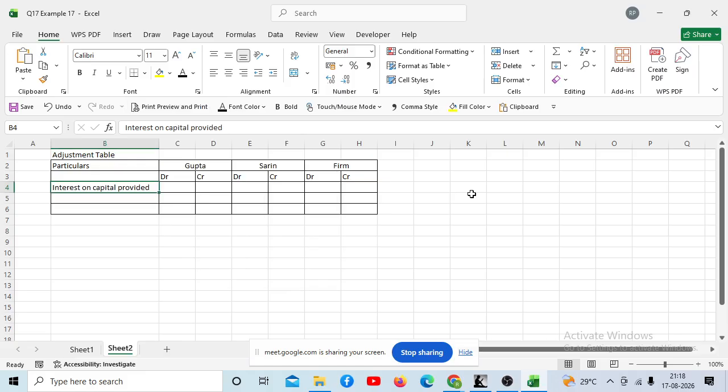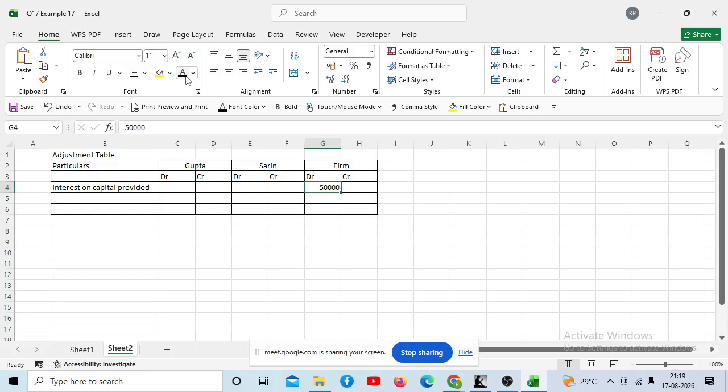Now you tell me, for the firm, is interest on capital an income or an expense? Expense. Okay, so what is the golden box telling? If an expense increases, it will be written on the debit side. So we will write it here on the debit side, 50,000.